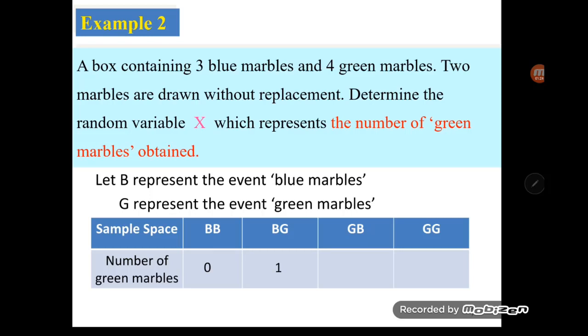The same goes for green and blue: we got a green marble for the first draw and a blue marble for the second draw, so the number of green marbles obtained is 1. If we get green and green, the number of green marbles is 2. So X represents the number of green marbles obtained, and X takes the values of 0, 1 and 2.